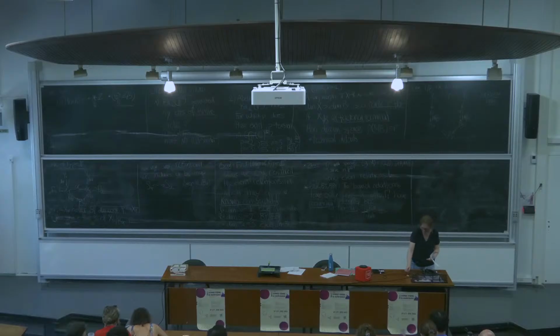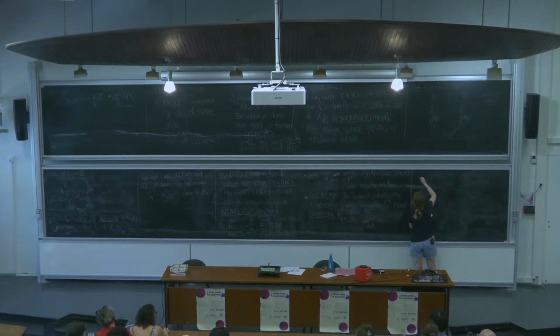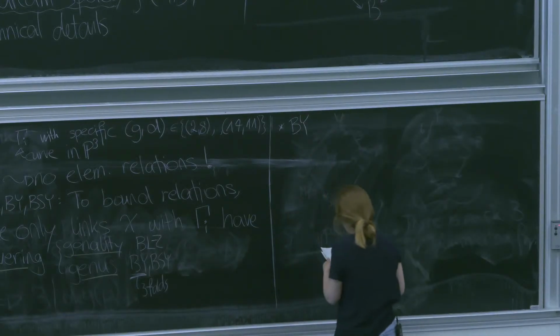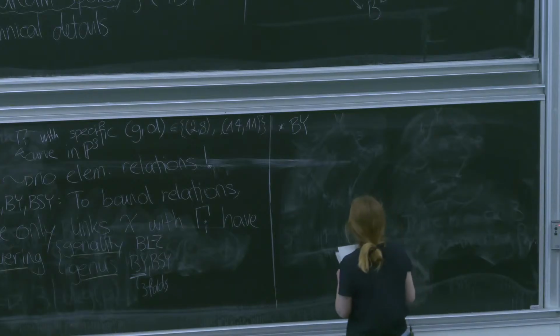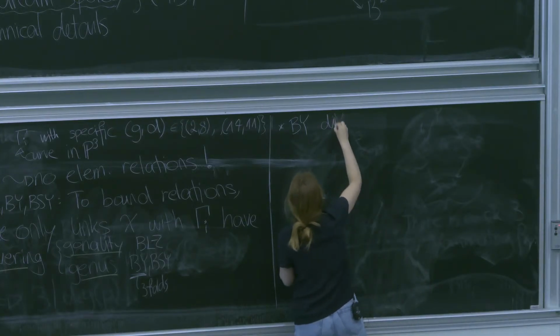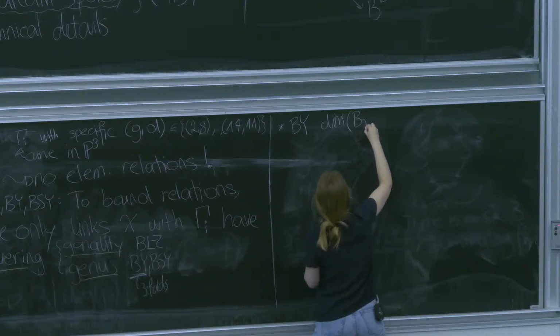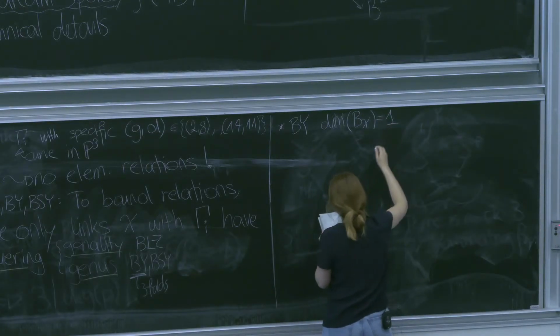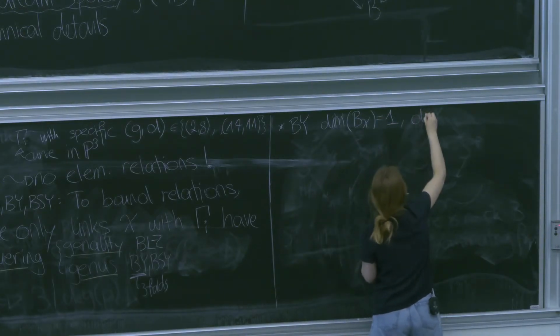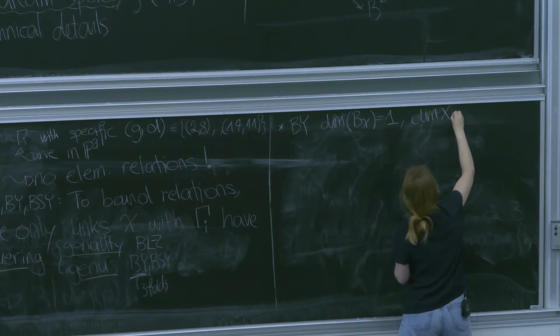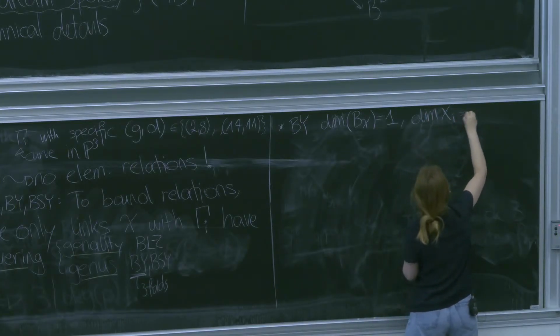So what are now the links that we actually take for the generic fiber when the generic fiber is a surface? In Blanc-Jasinski, the dimension of the base of the link is 1, so this is a curve, and the dimension of the variety is 3.